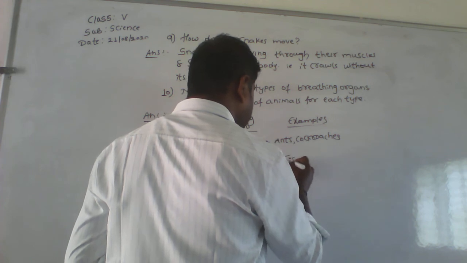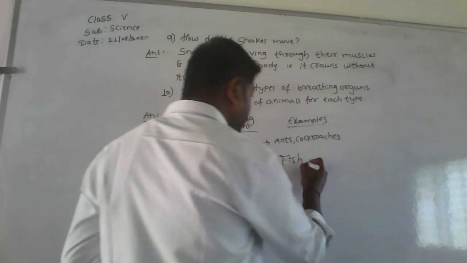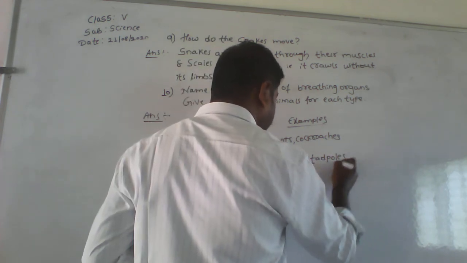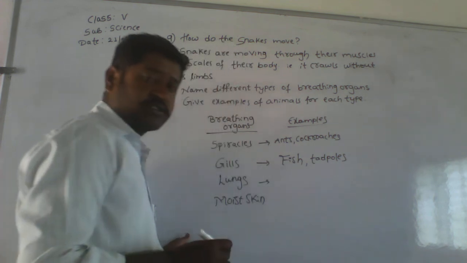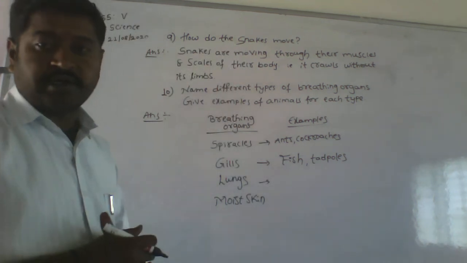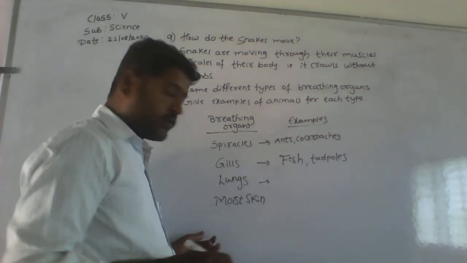Then we have gills. This is the breathing organ for which ones? Fish and tadpoles. Tadpoles means the younger age of a frog. Then we have lungs, of course, human beings, and then whales.